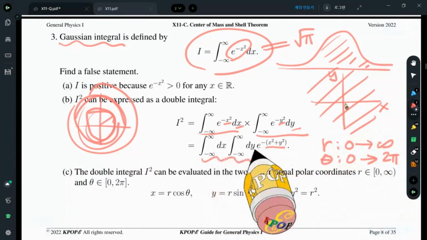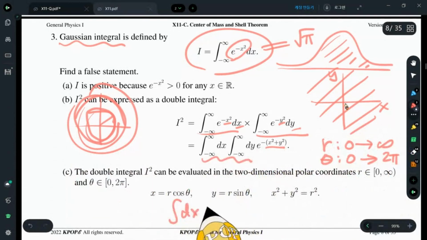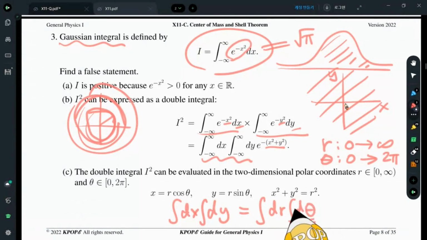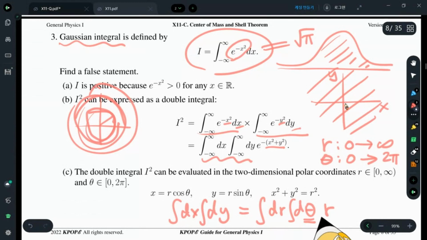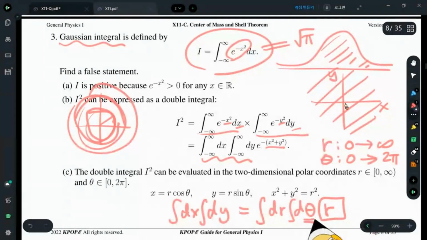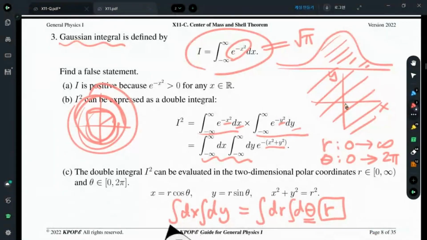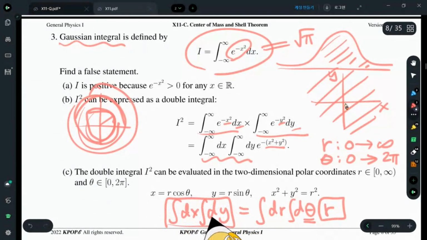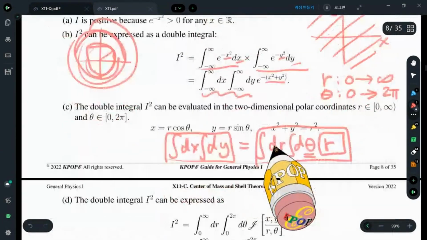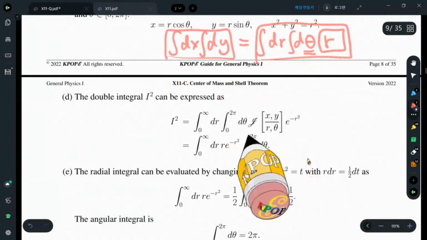And I know this integral dx dy can always be expressed as an integral dr d theta, and we need the scaling factor to make this a length element. There's the arc length r d theta, so this is the Jacobian. So this 2-dimensional integral in Cartesian coordinates can be expressed as a polar coordinates integral, including this Jacobian. Then everything becomes very simple.